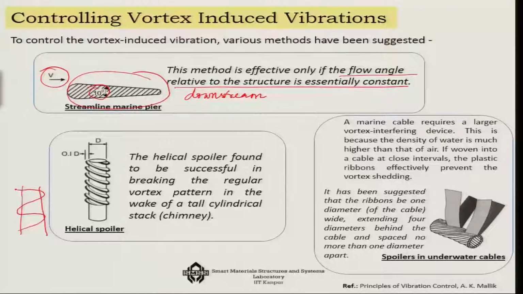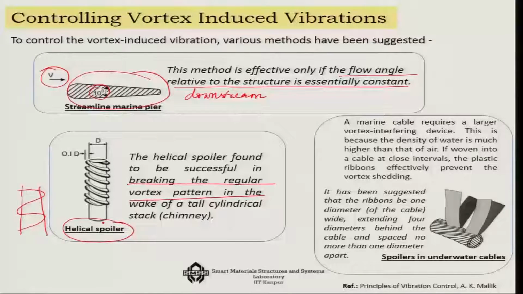Now, this spiral not only gives an access in terms of the control of the structure etc., but also it helps immensely in terms of breaking the regular vortex pattern. This is a very common technique that is used for various types of silos and chimneys, and this is also known as the helical spoiler category.